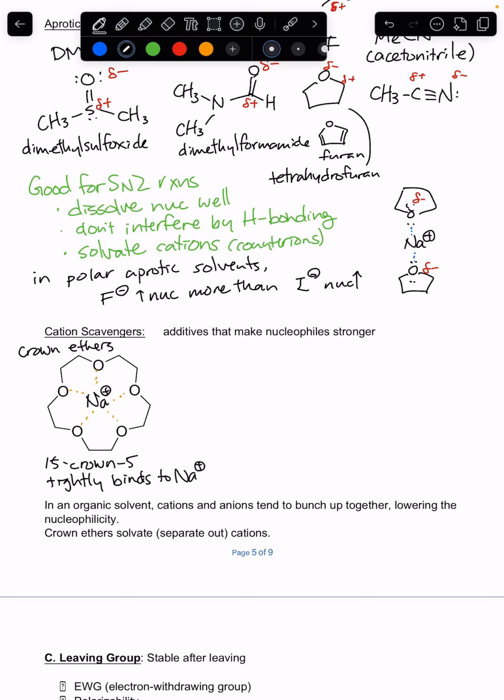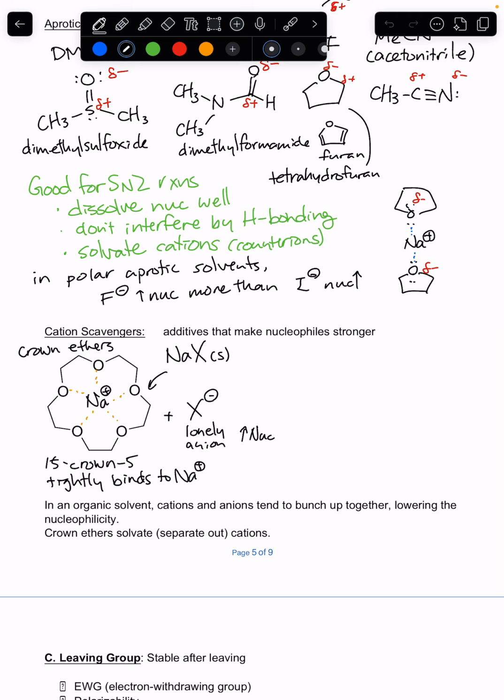And so what happens if you try to dissolve, like, say, a sodium halide, which might not typically dissolve in a particular solvent? If you add in this crown ether a little bit, then it dissociates, and the nucleophile becomes available, and then nucleophilicity goes up because it's a lonely anion.